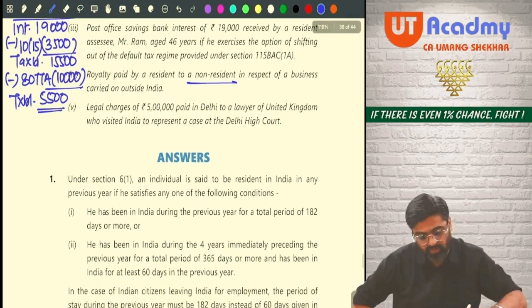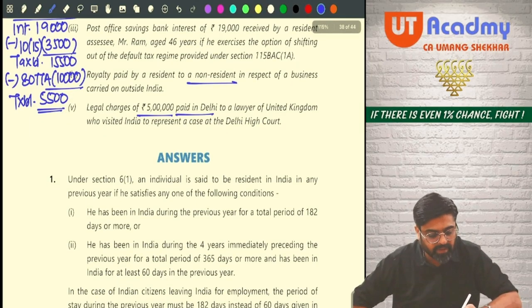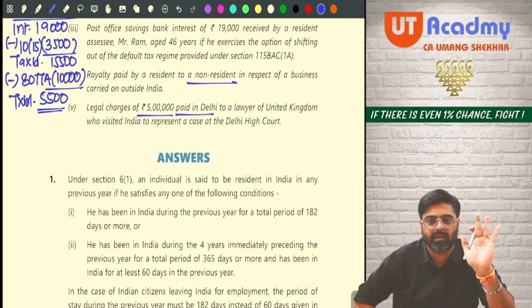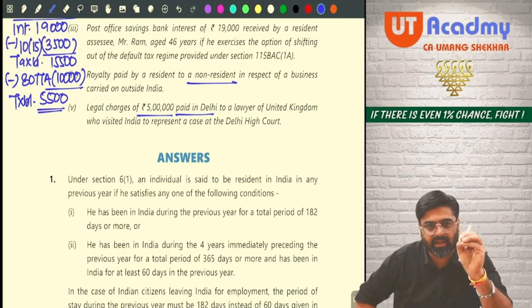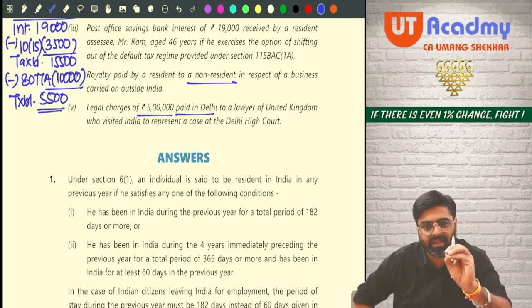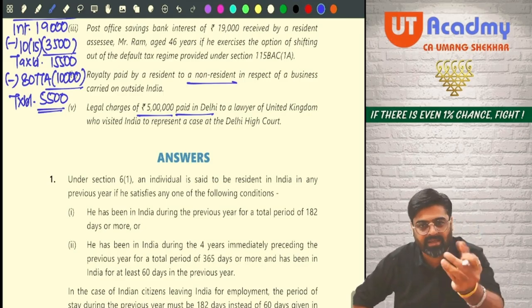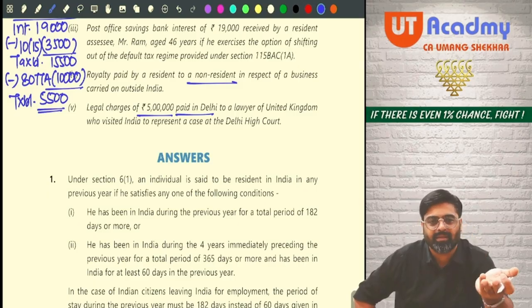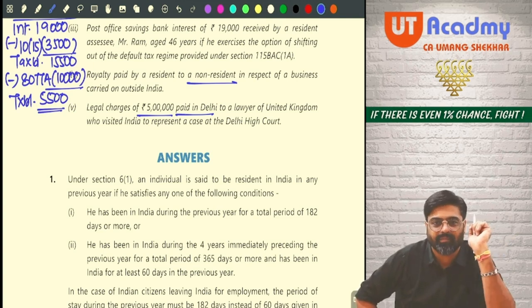Done? Next one. Legal charges 5 lakh paid in Delhi. Done. Paid in Delhi. So whoever is getting that legal charges, he is receiving that legal charges in India. So for him, that legal charges is what? Indian income, because receipt happens in India. Done?